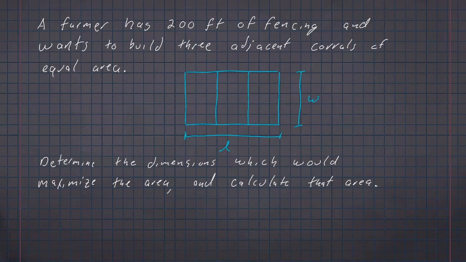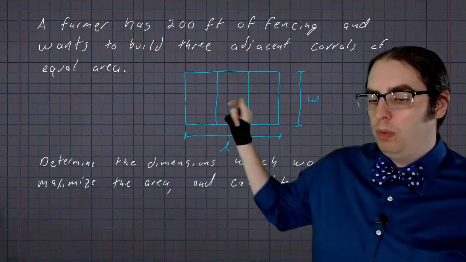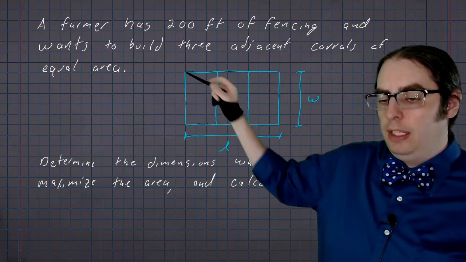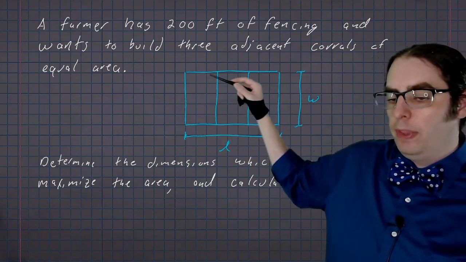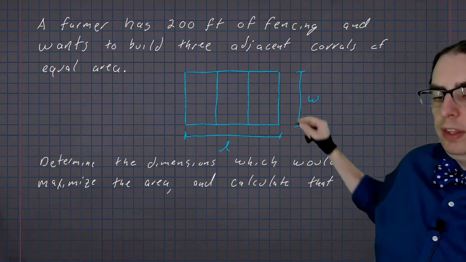So for this situation, we've got a couple of things going on. The first one is to notice that all told, there are 6 fences that we are building. There are 2, as I drew it, horizontal fences, each of length L. And then there are 4 vertical fences, each of length W.